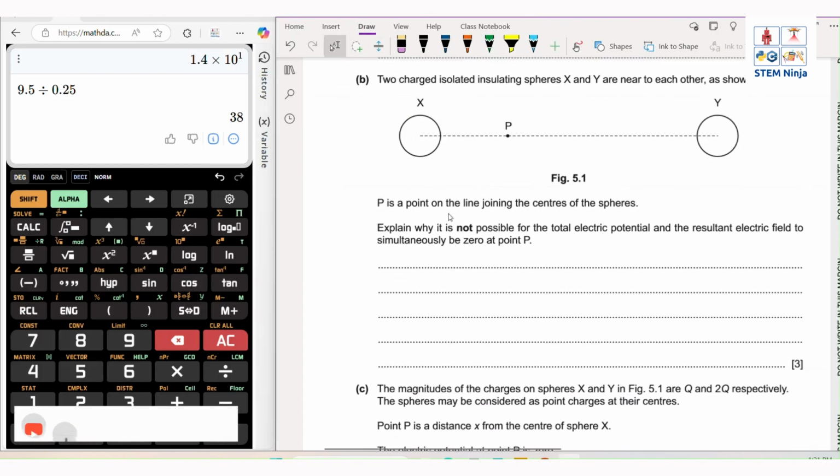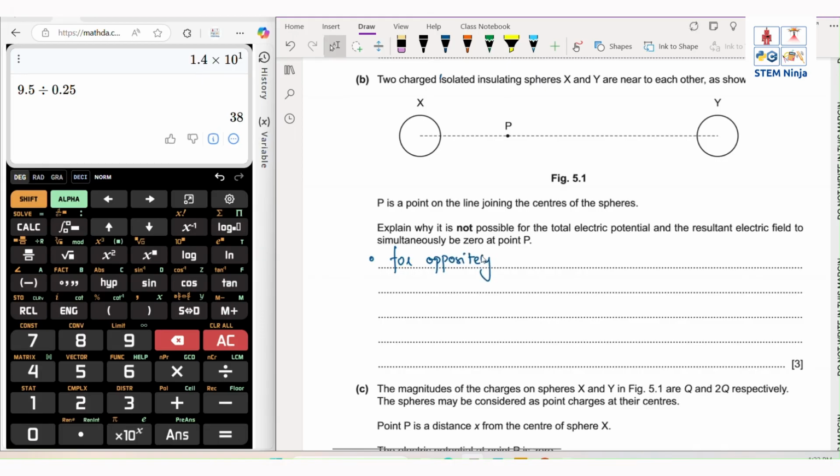So for oppositely charged spheres, potential can be zero at a point of lowest electric field strength, or the weakest electric field.